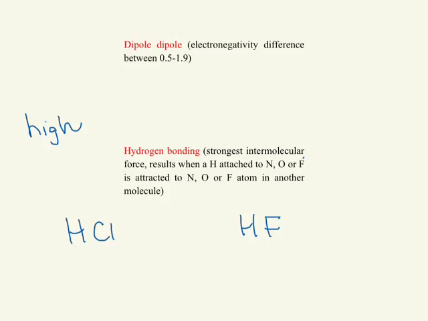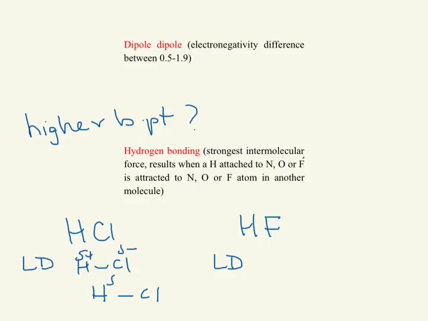So think about what intermolecular forces are present. Remember, London dispersion is present in all the covalent molecules. So we have London dispersion present in both. In HCl, chlorine is more electronegative than hydrogen. So we have partial positive here, negative here. If you take another HCl molecule, positive, negative, so positive is attracted towards this negative, and this positive is attracted towards this negative.